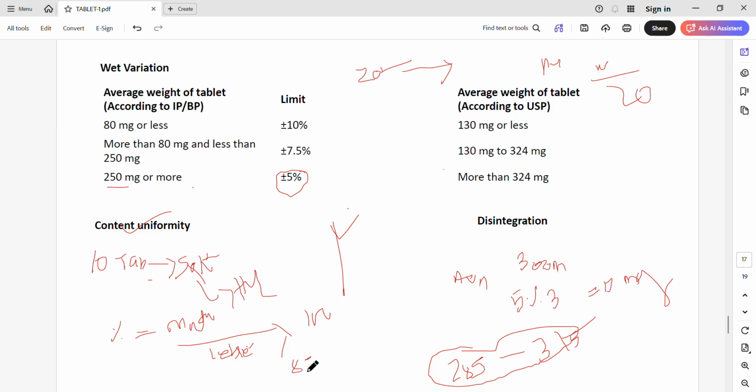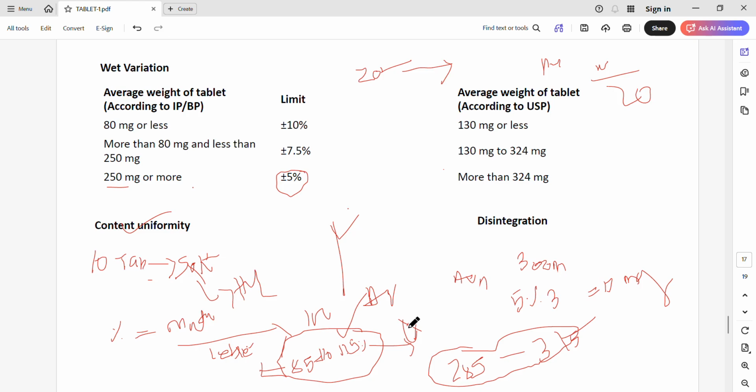It should be 85% to 115%. This variability is acceptable. Less than 85 or more than 115 is not allowed.